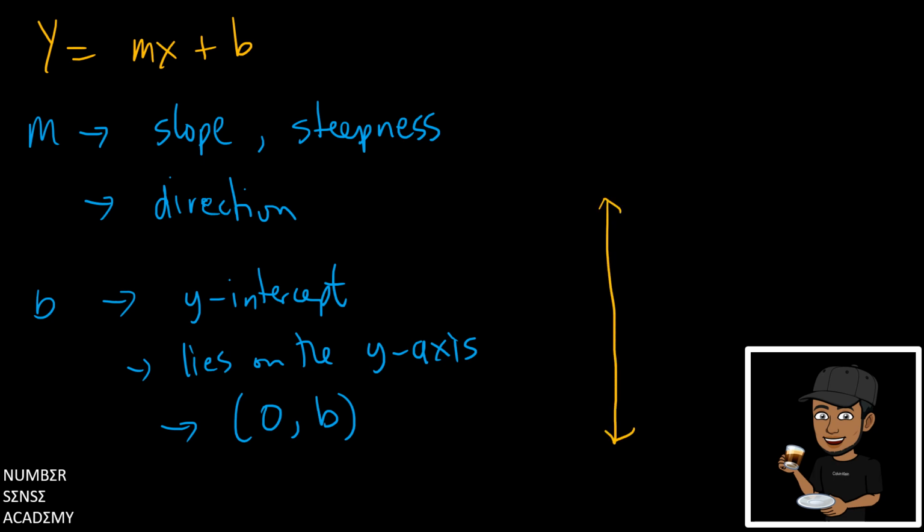So if I draw this line real quick, this is my y-axis, this is my x-axis, this is my origin. So the y-axis, there's a bunch of points along the y-axis. It runs up and down. Okay, so y-intercept means that the line crosses this y-axis. This is where the line crosses this y-axis.